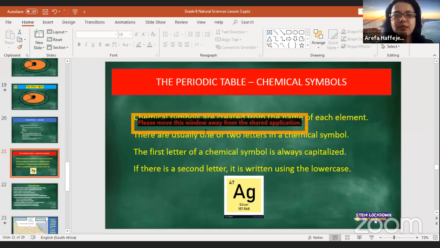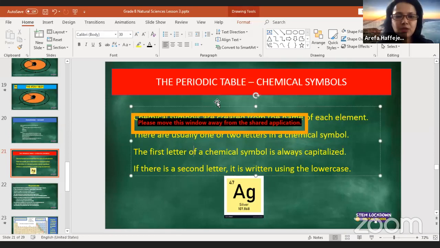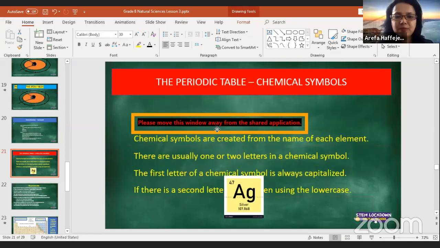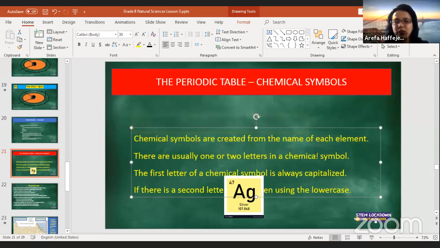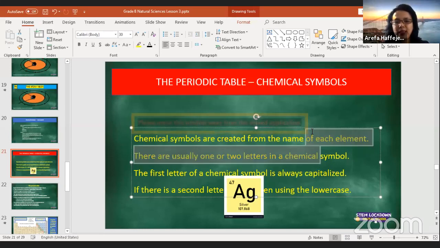So in the periodic table, you have chemical symbols. The chemical symbols are created from the name of each element. There are usually one or two letters in a chemical symbol. The first letter of a chemical symbol is always capitalized, and the second letter is in lowercase.